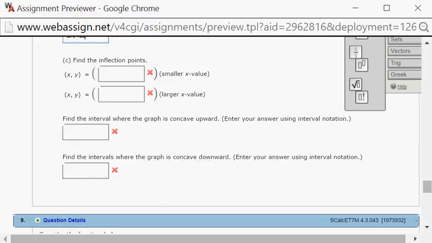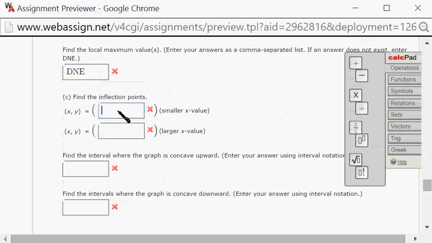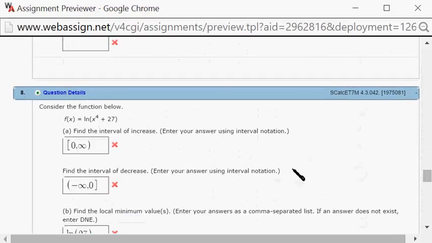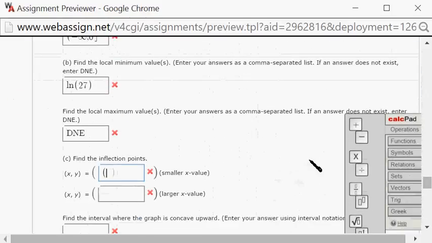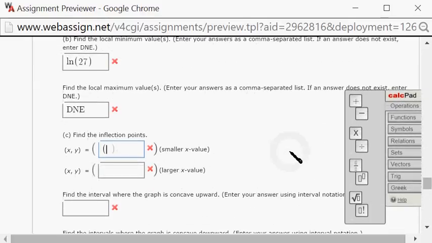Alright, so inflection points are, let's see, there are actually 3 of them. Let me double check.